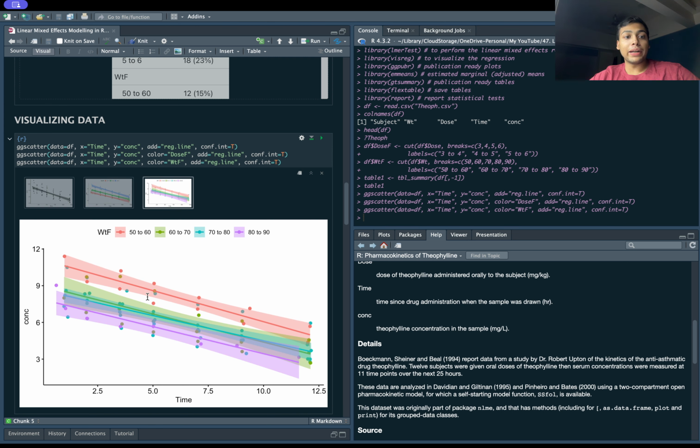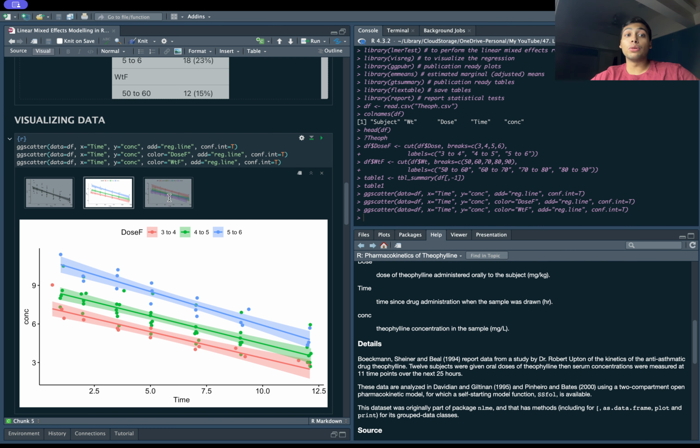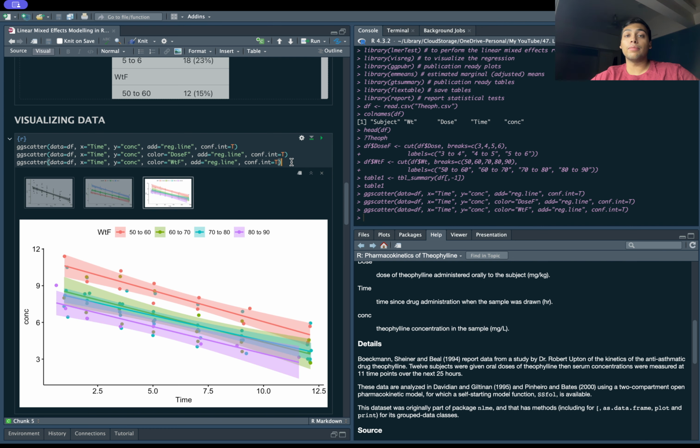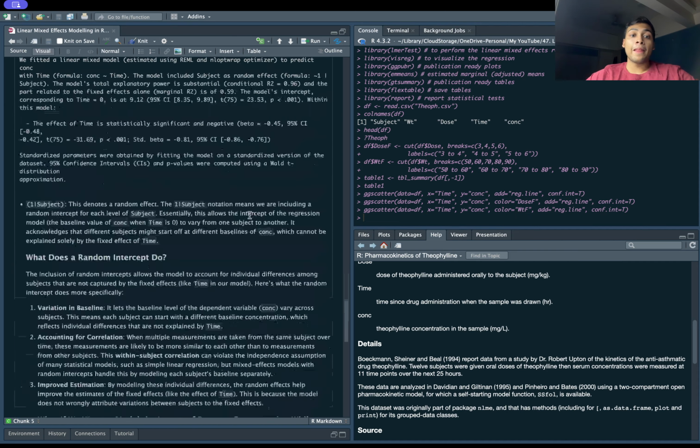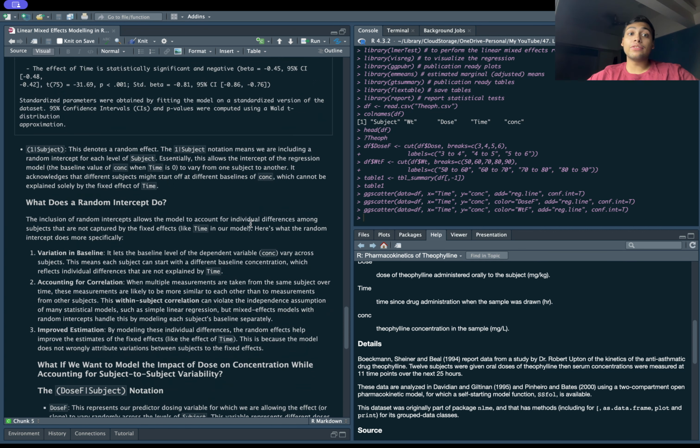Same with the body weight, the slopes are pretty similar. So I am not expecting significant results when we include the dose and the weight in our model. Like we said, time explains 96% of the model variance. So going forward, I don't believe that will influence the model further.